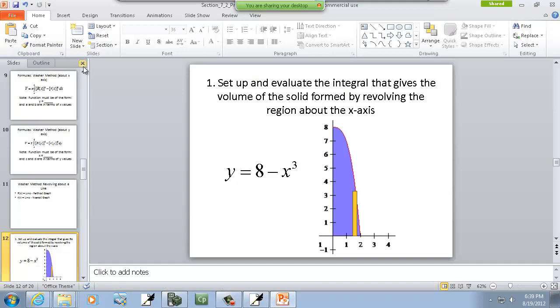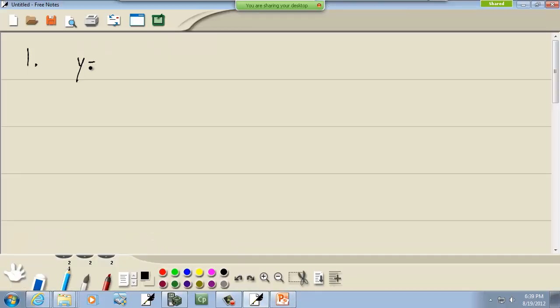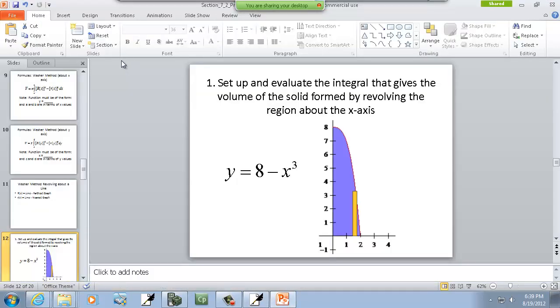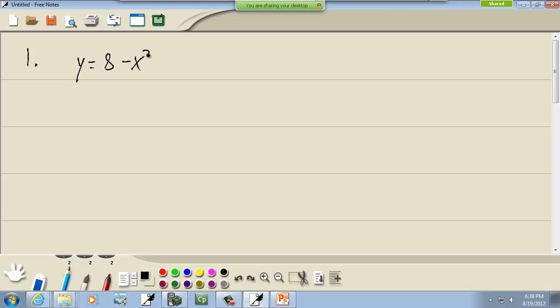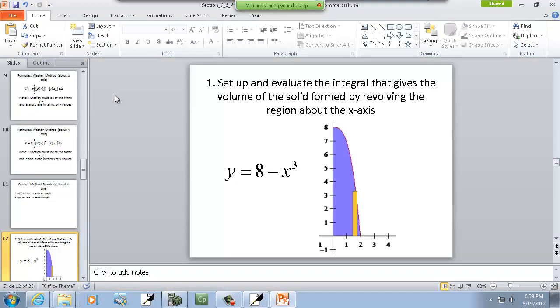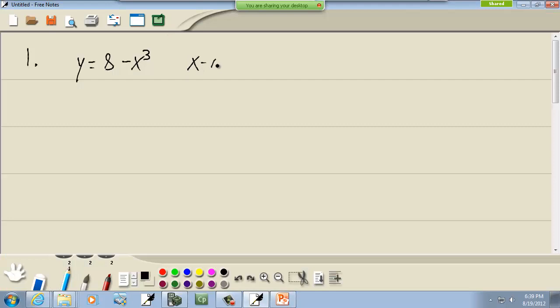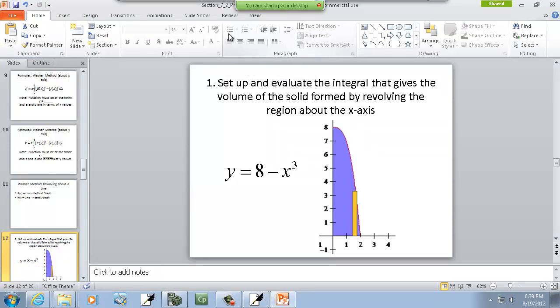Let me see. We've got y is equal to 8 minus x to the third, and we want to revolve it around the x-axis. Well, around the x-axis, we're going to look at our x values.